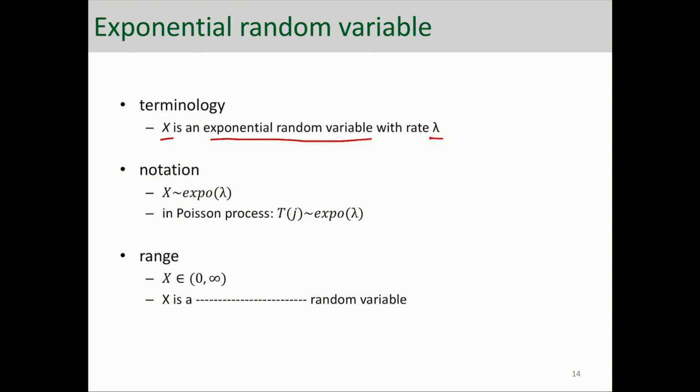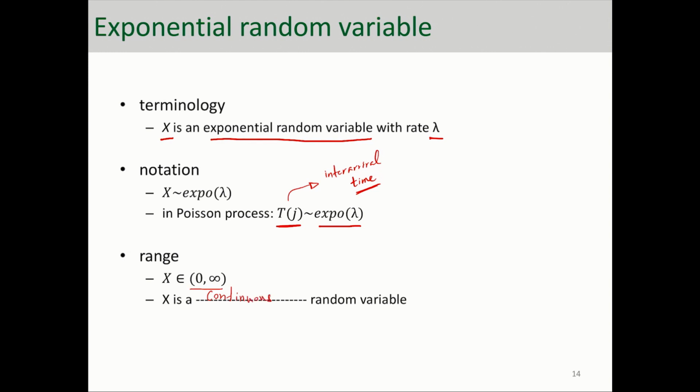So in Poisson process, we're using the notation of T of j, time between arrivals for customer j. And that follows an exponential with parameter lambda. And because this T of j is inter-arrival time, and I want to emphasize on time, the nature of this T is time, and time, as you know, is a continuous random variable.